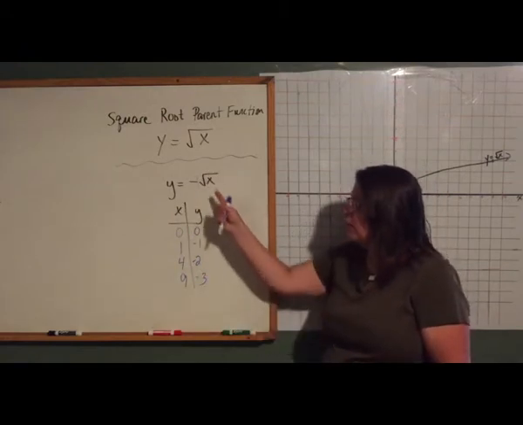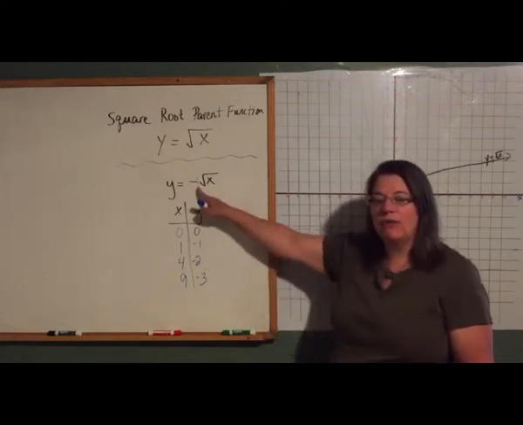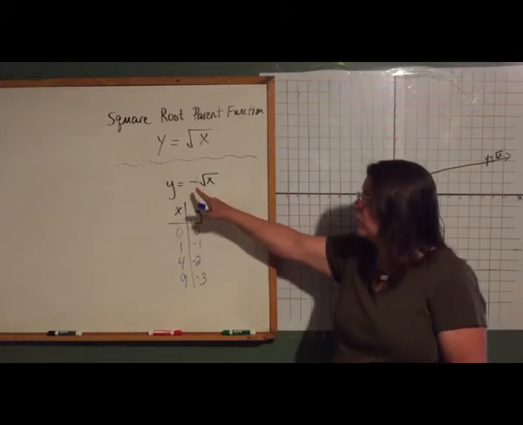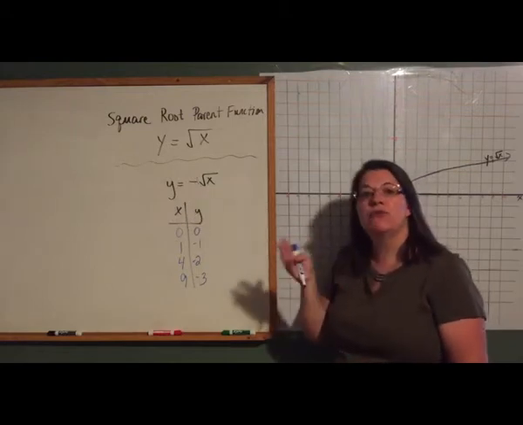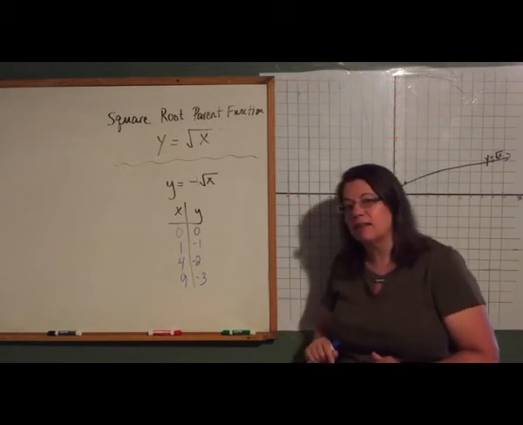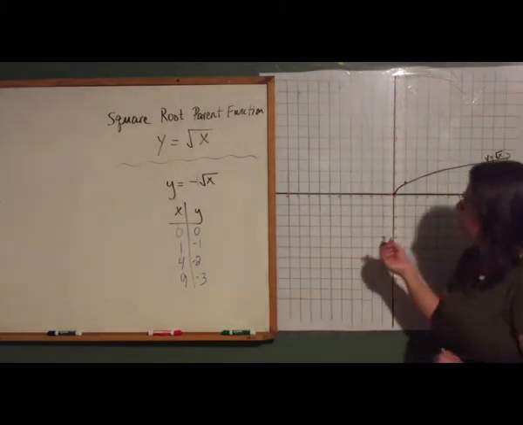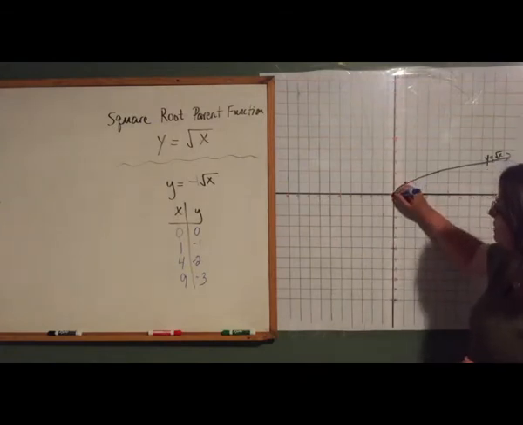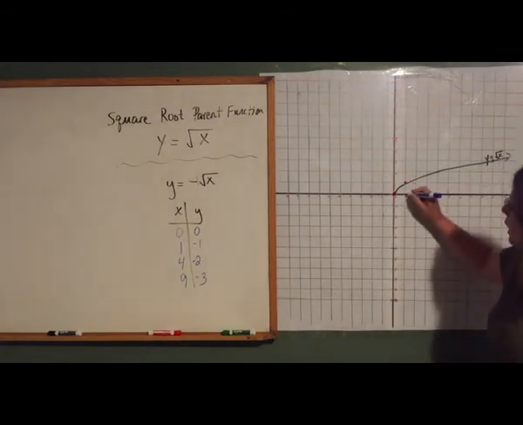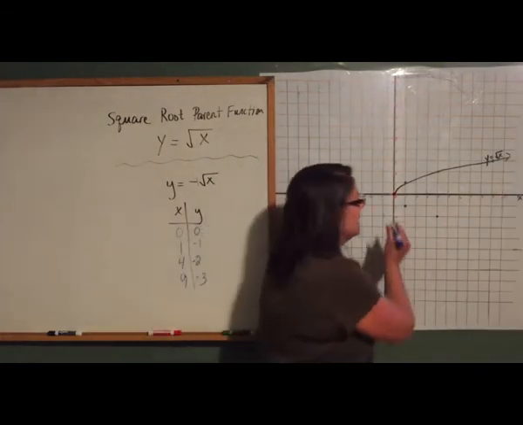So if we look at what that does to our graph, now think about what it did to our graph in a quadratic or in an absolute value function. It flipped the graph across that x-axis. Okay, let's see if the same thing happens here. So I'm going to put this one in blue when I graph it. So 0, 0, 1, -1, 4, -2, then 9, -3.